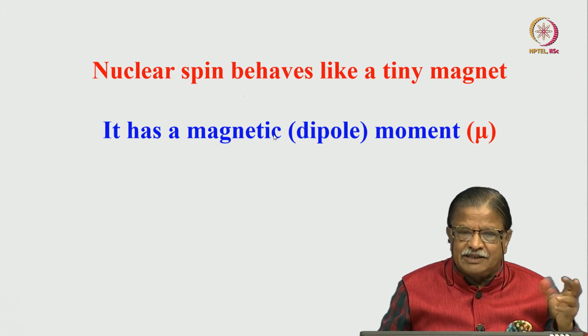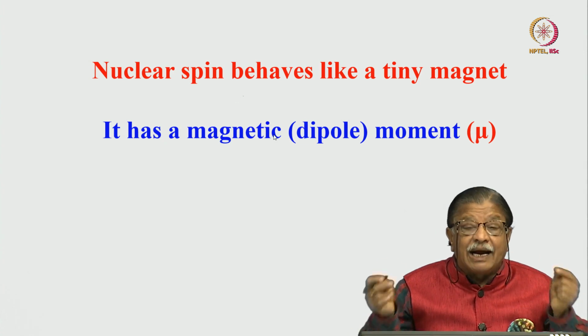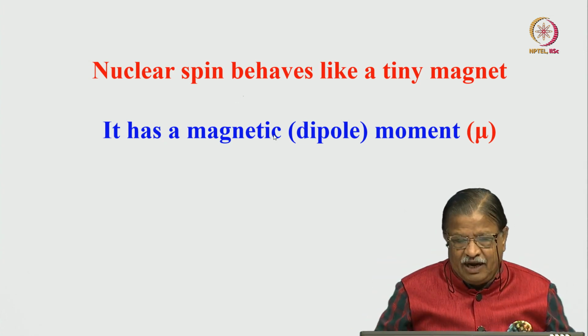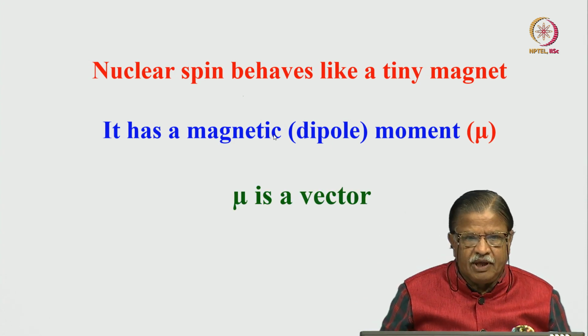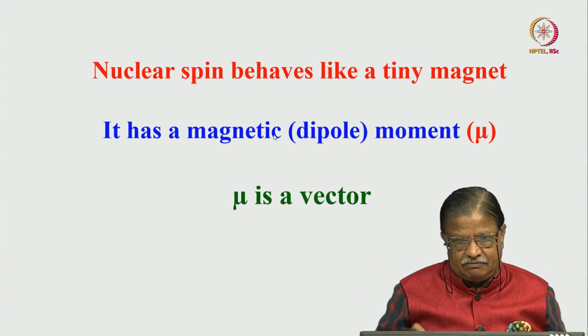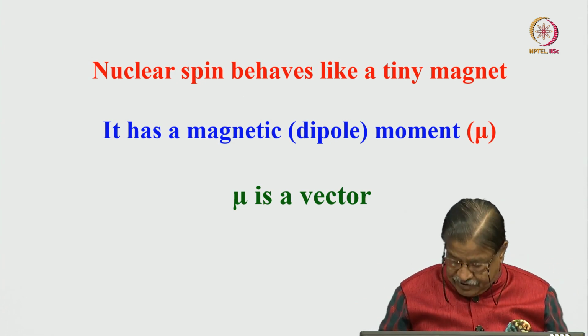So the nuclear spin has a magnetic moment mu, also called the dipole moment, and mu is a vector. I can easily understand mu in the vectorial representation.